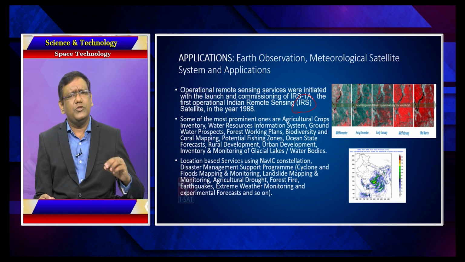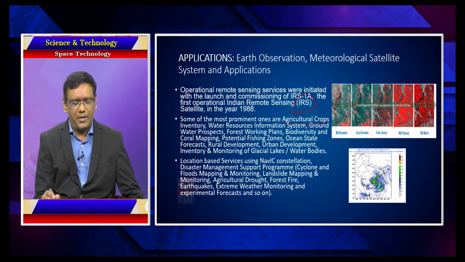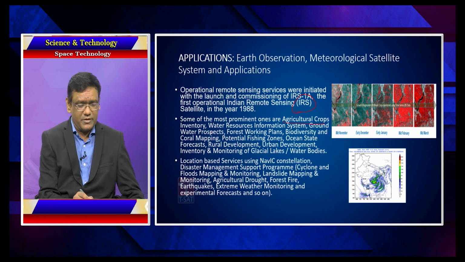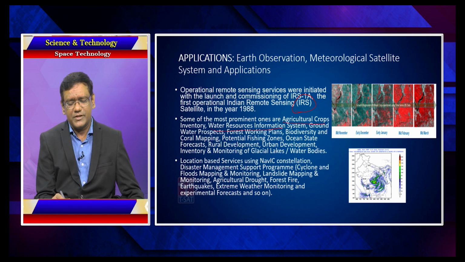Some of the most prominent applications are agricultural crop inventory, water resource information system, groundwater prospects, forest working plans, biodiversity, coral mapping, potential fishing zones, ocean state forecast, rural development, urban development inventory, and the monitoring of glacial lakes and water bodies.